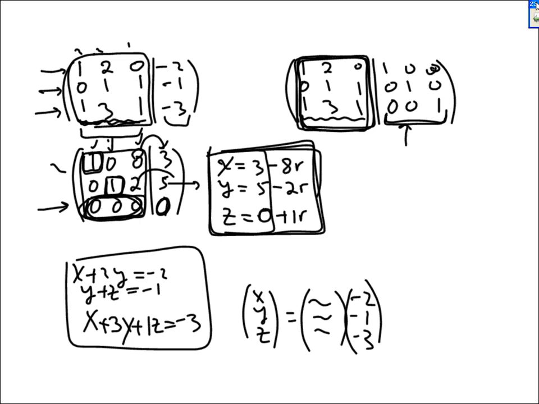If you only have 2 leading ones, one of those entries can be in one column, and another one can be in another column. They can't be in this third column because, remember, they have to go down and to the right. So that means that one of the columns won't have a leading 1, which of course means that there'll be a free variable. And once you have a free variable, you have infinitely many solutions.